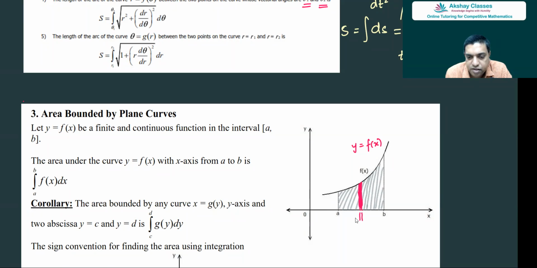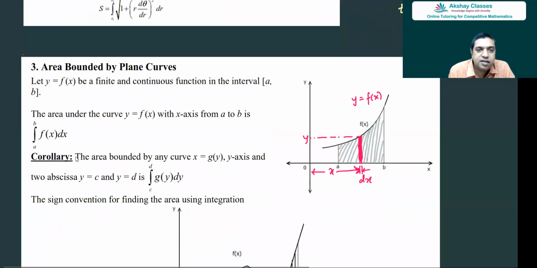This is the elemental strip of width dx at a distance of x from the origin. So corresponding to x, we get the value y or f of x. Y is equal to f of x, right? So we get area under the curve y equal to f of x with x-axis from a to b is actually integral y dx.